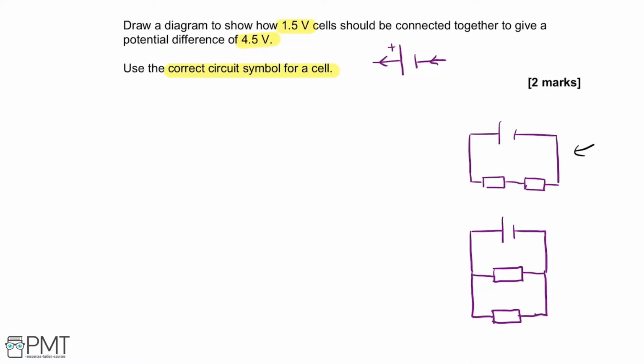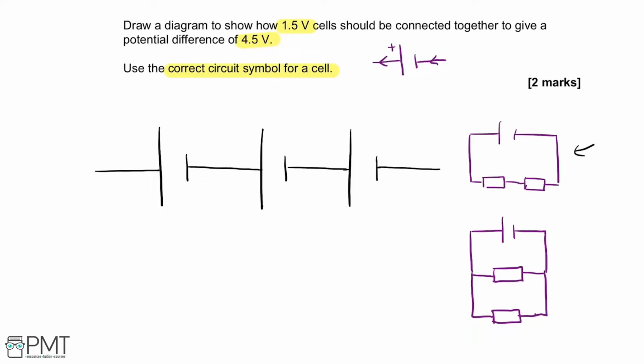So they'd be sort of along the same part of the circuit, and if we took out one of these resistors, so say we took out that one, then this would no longer be a complete circuit.